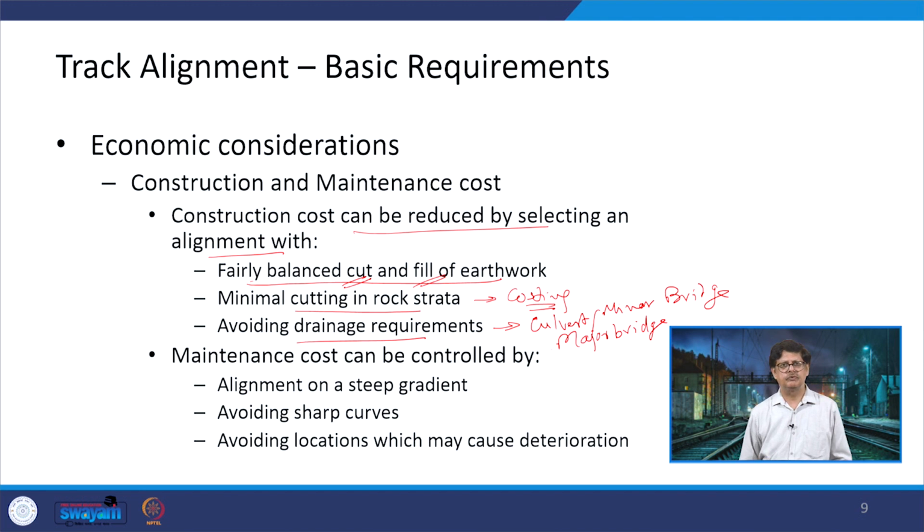So, if we can avoid these, it is better. The maintenance cost can be controlled by avoiding alignment on a steep gradient, avoiding sharp curves, and avoiding locations which may cause deterioration. Here, when we say alignment on a steep gradient, this basically has to be avoided.